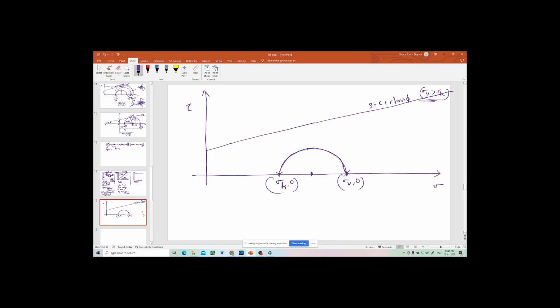This is the at rest condition. Now soil is not failing. Because of that, this is the failure envelope, right? That's why the circle is not touching it, because it is not failing.